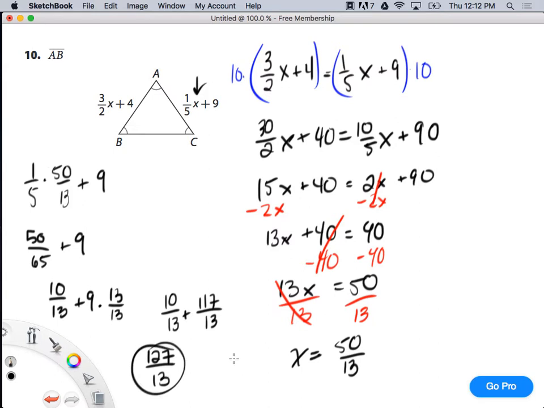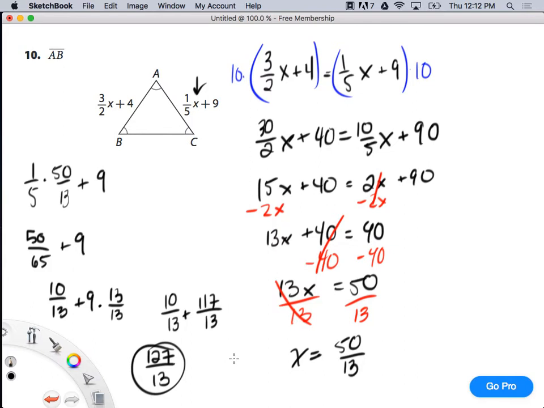Any questions on that? Are we going to have a problem like that on the quiz? Potentially. Would I be inclined to give you numbers like 50 over 13 and 117 over 13 in terms of fractions? I wouldn't be so inclined, because, well, not that it's hard.